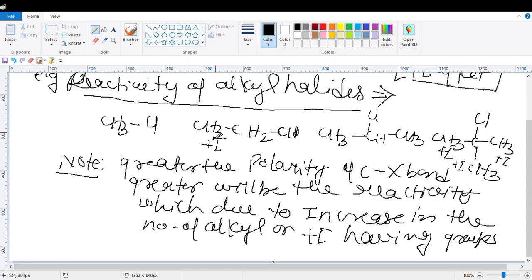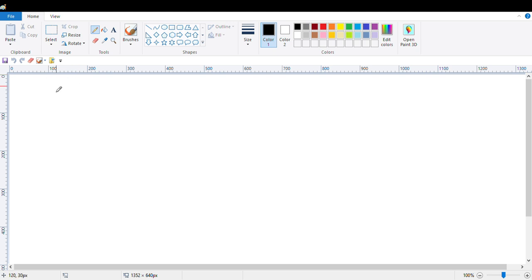So in this way, methyl chloride will be least reactive, ethyl chloride will be more reactive, isopropyl chloride will be even more reactive, and tertiary butyl chloride will be the most reactive alkyl halide, isn't it?